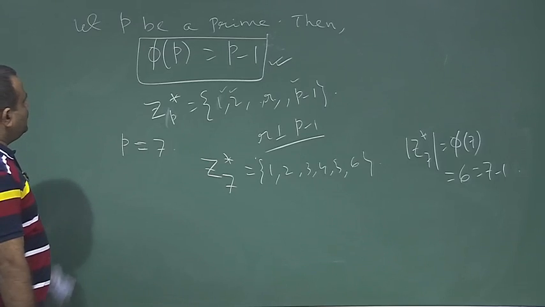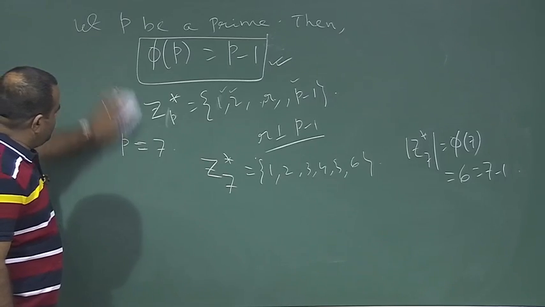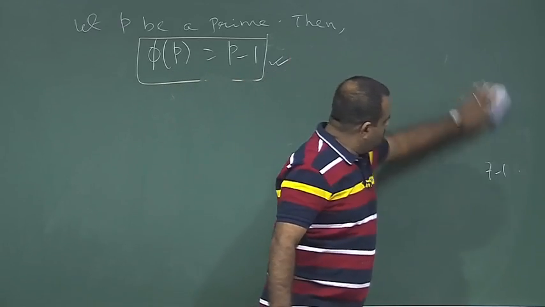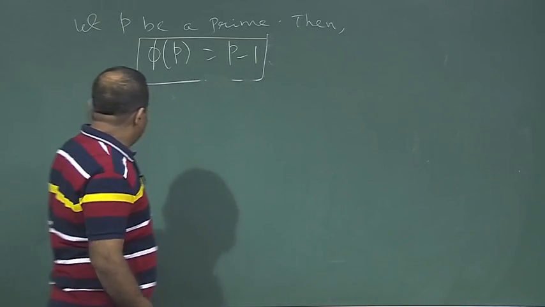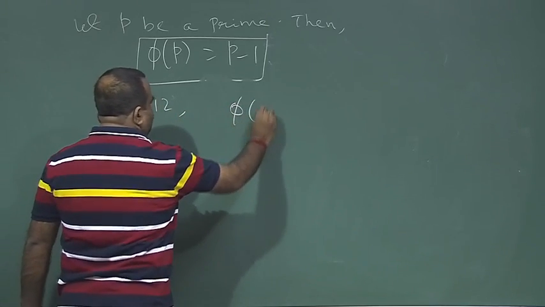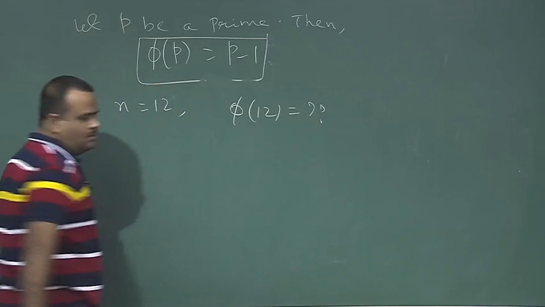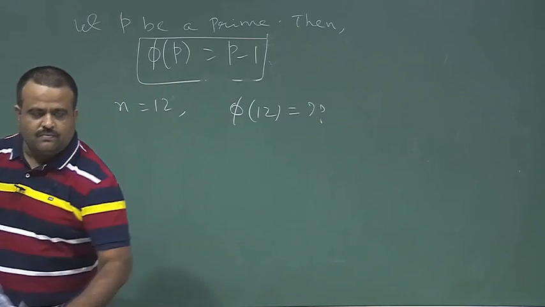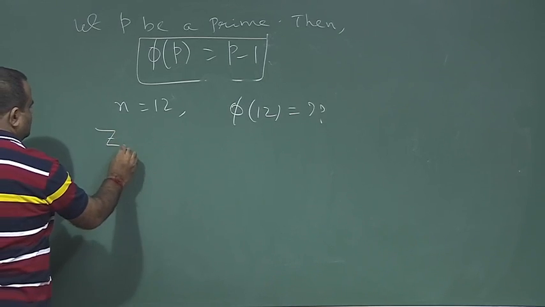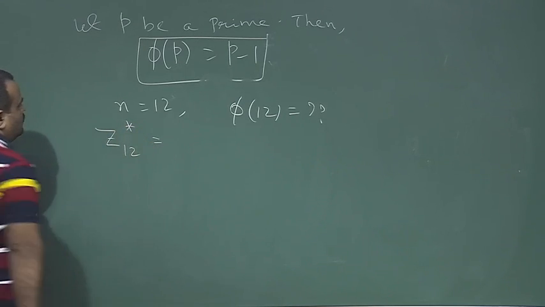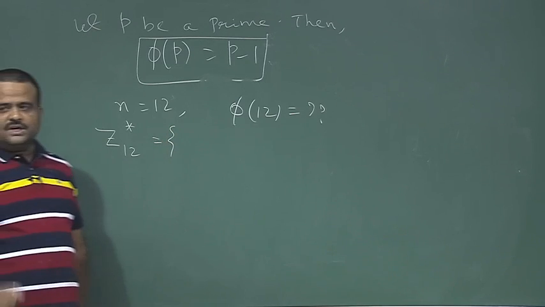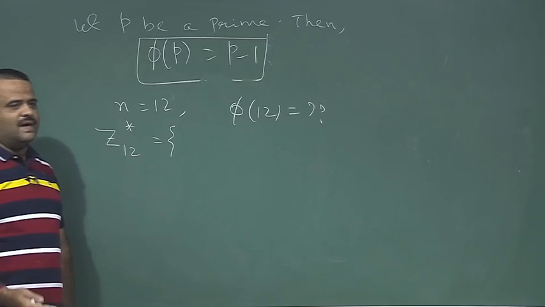Okay. Now, suppose n is not a prime, suppose n is equal to say 12, and we want to know what is phi 12. So, for 12 what is our Zn star, Z12 star. So, Z12 star is basically the set of all integers which are less than 12 and which are relatively prime with 12.